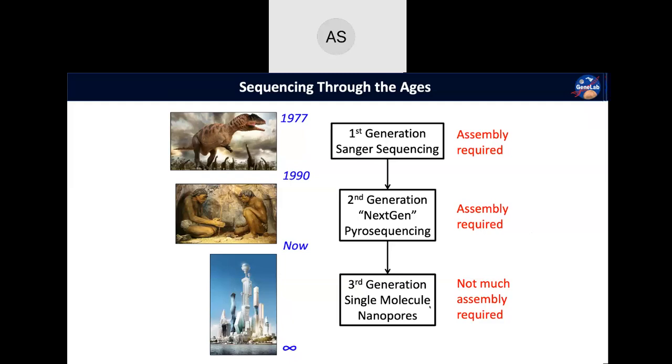The accuracy of these single molecule nanopores has really skyrocketed. When I first learned about them, probably about 10 years ago, the accuracy was about 50%, and all the next-gen sequencers were laughing at it. And nowadays, you can get upward of 95% or higher accuracy. So this really is the next wave of sequencing. I don't think it's fully going to replace short sequencing assays, but we're definitely going to see a lot more of this in the future.